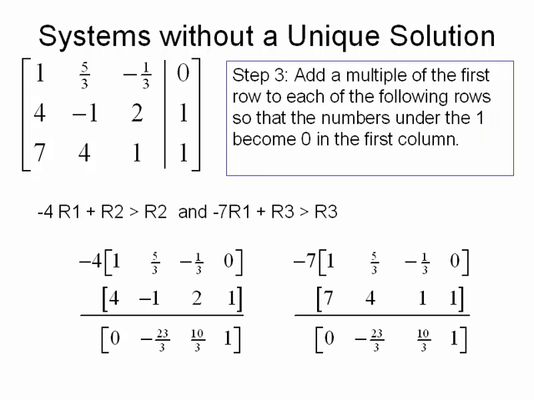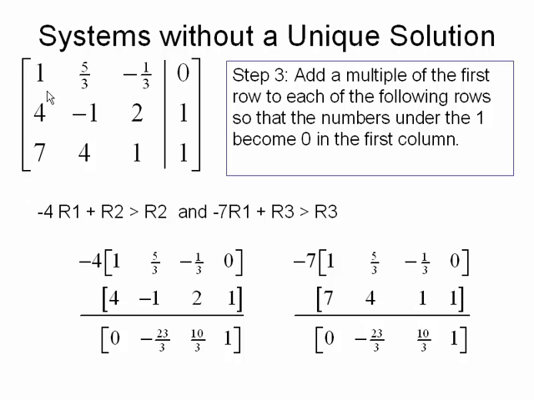So now I need to work with that entry that we just put in place, the 1, and we need to use that to help us put a 0 below it in the second row and in the third row. So that means we're going to need to take -4 times row 1 and add it to row 2 and put it into row 2, and -7 times row 1, add it to row 3 and put it into row 3.